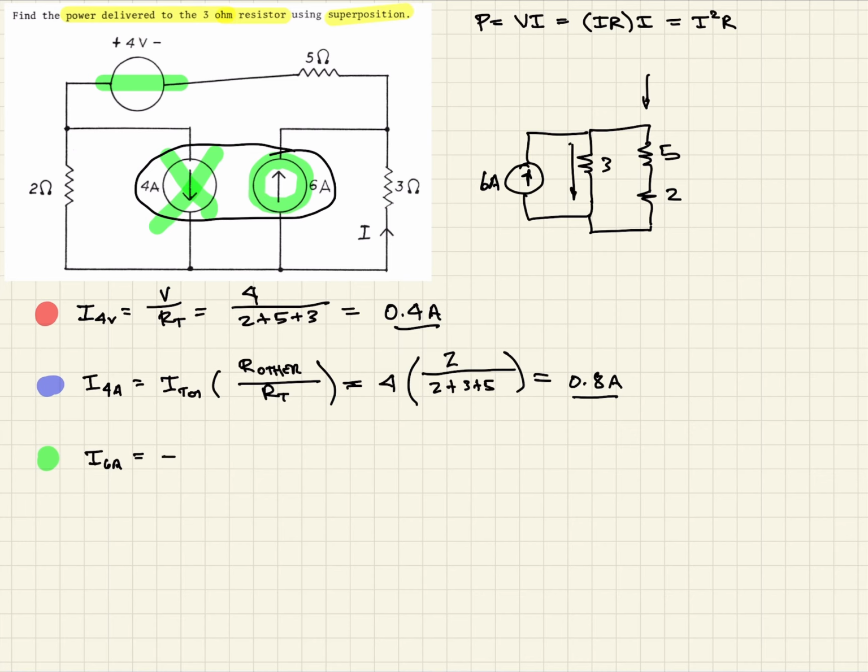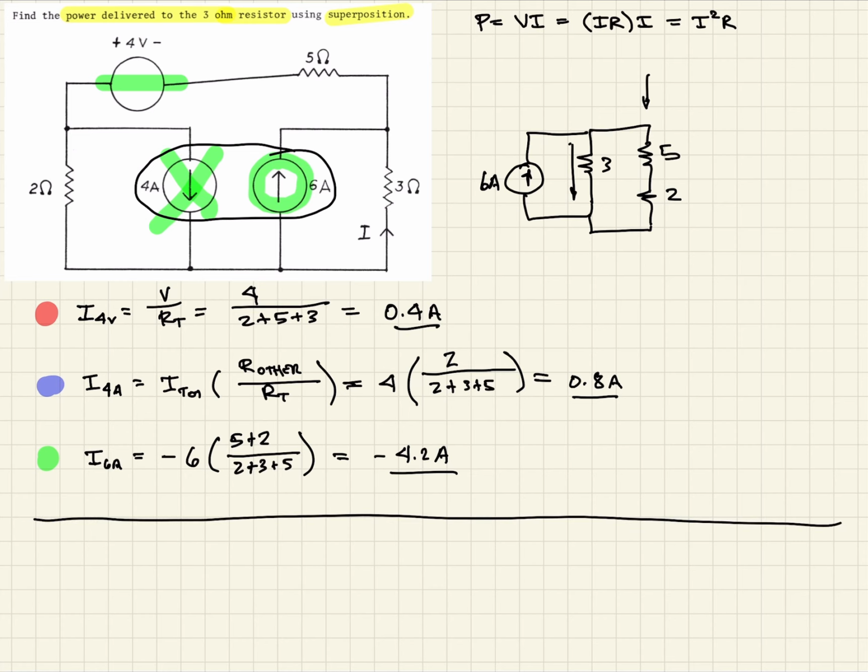The other leg resistance is going to be 5 plus 2, and then the total resistance is 2 plus 3 plus 5. When we calculate that out, we come up with minus 4.2 amps. Again, the direction is indicating that it's working against the other two sources.